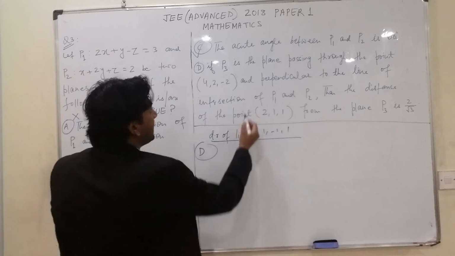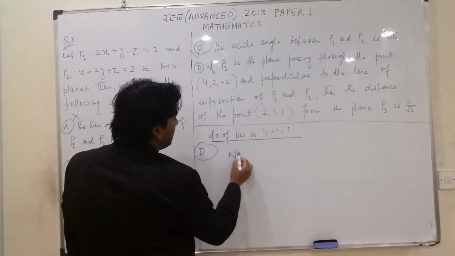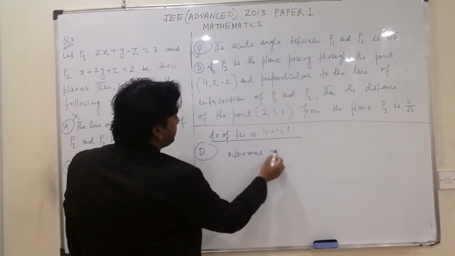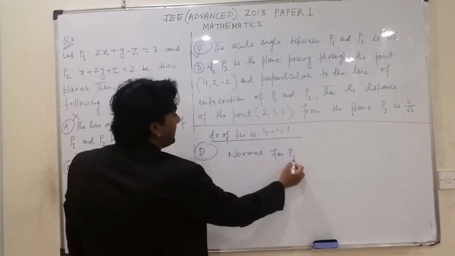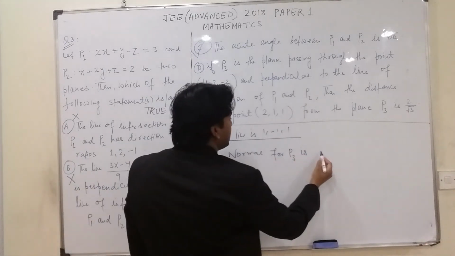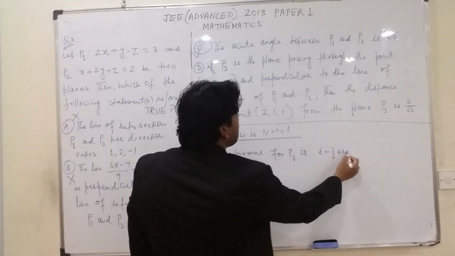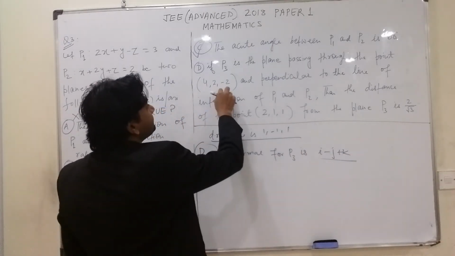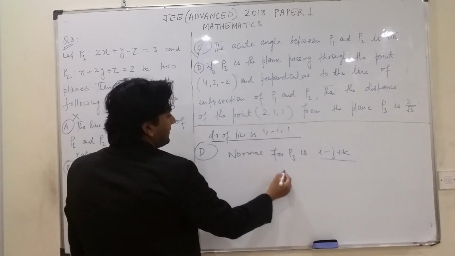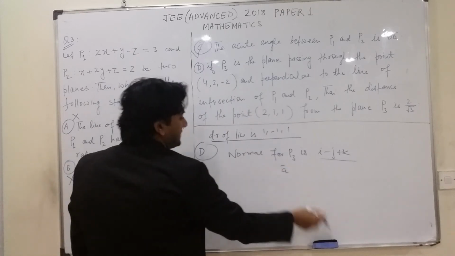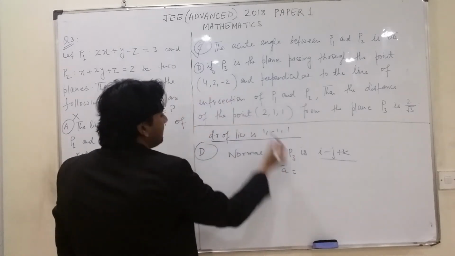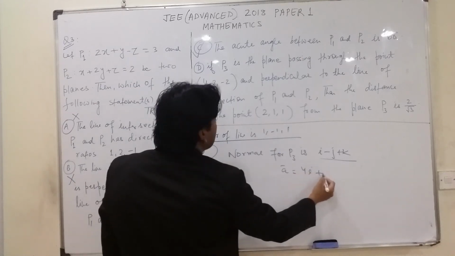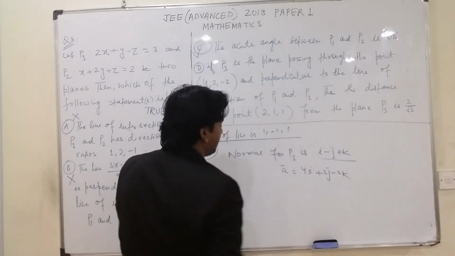So from here we can find the normal for P3 is i minus j plus k. From here you can find the normal. And the point is this. A is, for example, 4i plus 2j minus 2k.